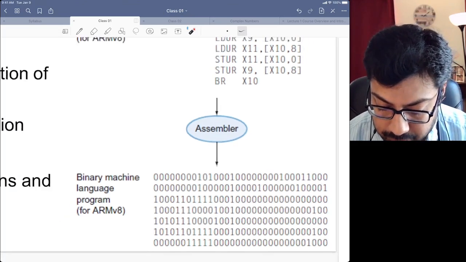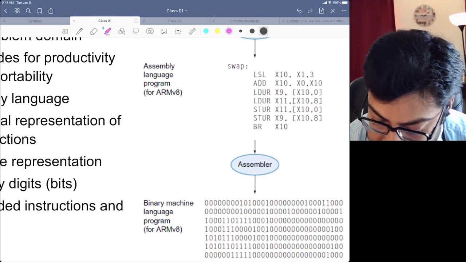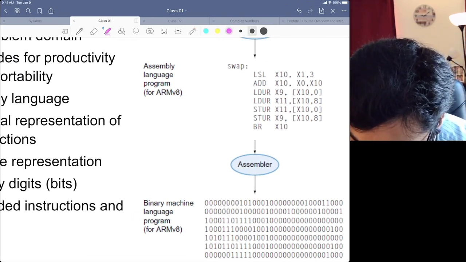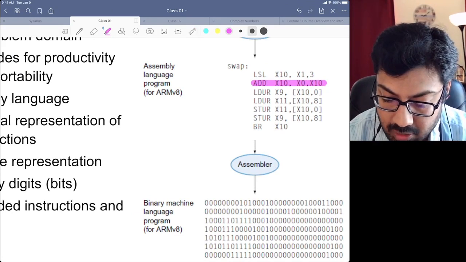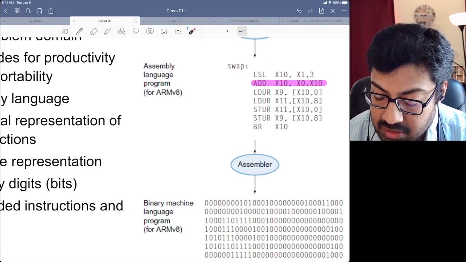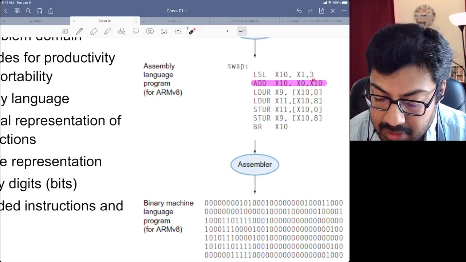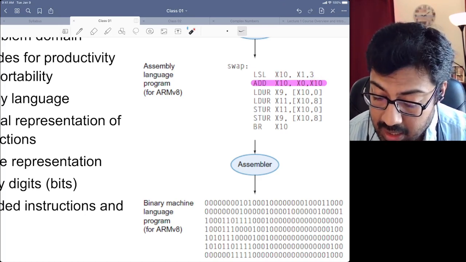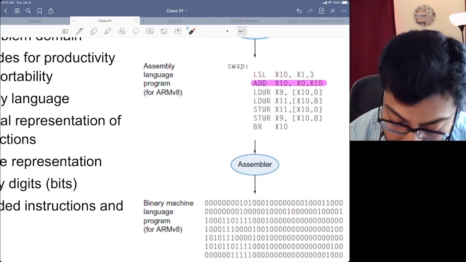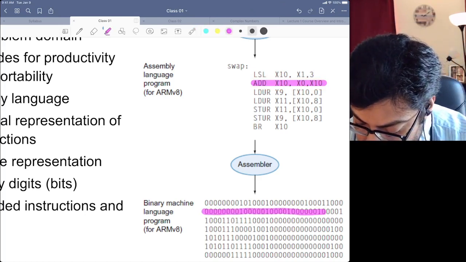Now, for this particular example, we have an add instruction shown over here. I think it's taking the contents of x0 and the contents of x10 and adding them up and putting the result in a register called x10. So that's the command, right? But if you look at it, the same command is there in assembly, right?